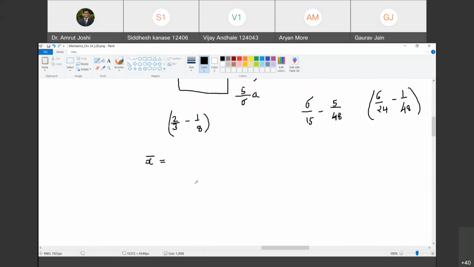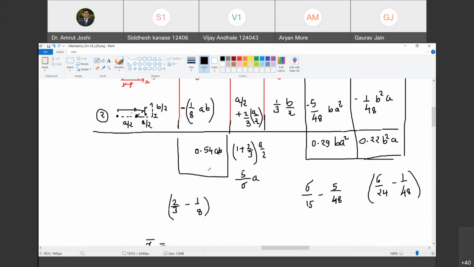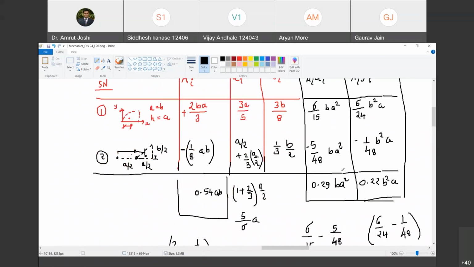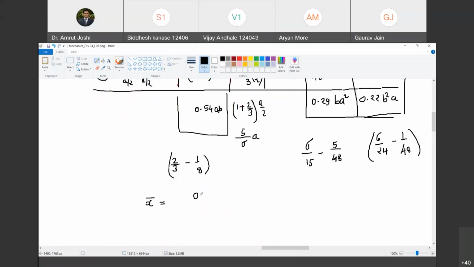That x bar is now going to be equal to summation AI xi, that is 0.29 BA square. Happy? Yes, sir. Divided by summation A. Summation A is 0.54 BA. So B cancels out, A remains, and it is A by 2.